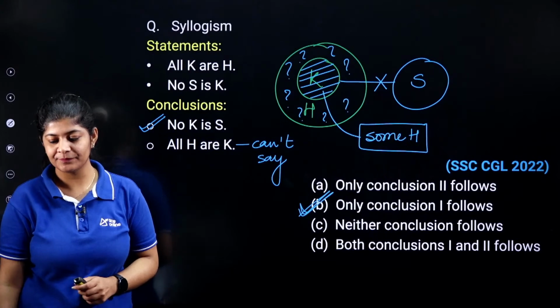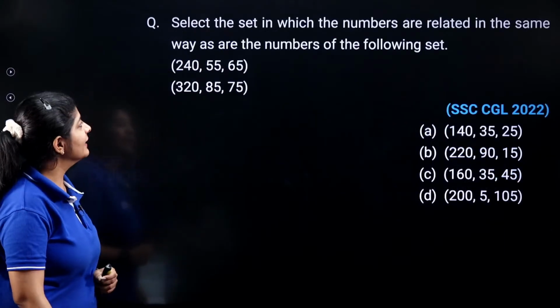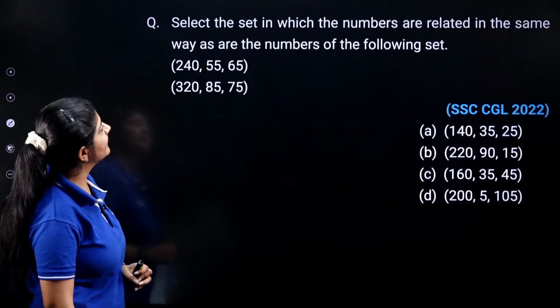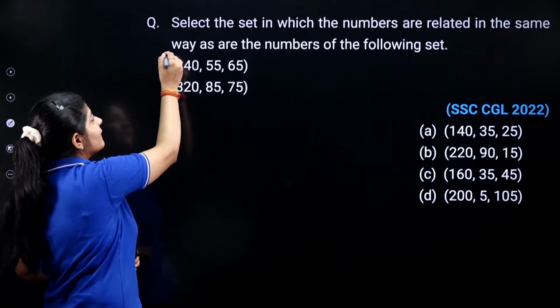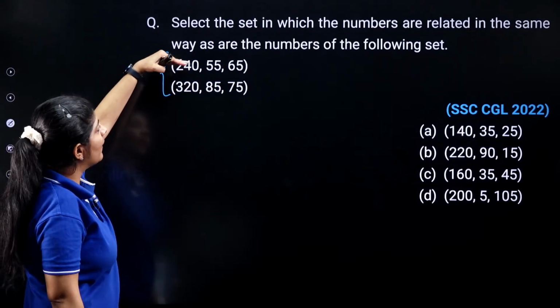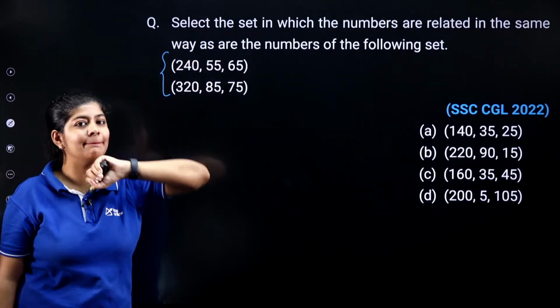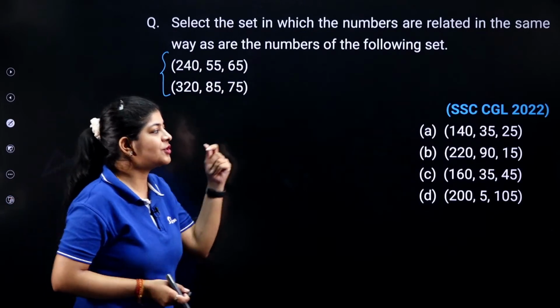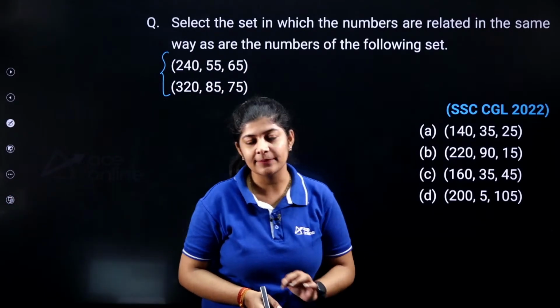Is it clear? Okay. Now let's move towards the next question. Basically, there's a fixed pattern given in these two sets. This is your set number 1 and this is your set number 2. You have to determine the pattern and you need to check in which option we are getting the same pattern.